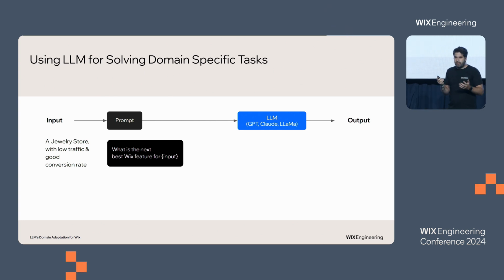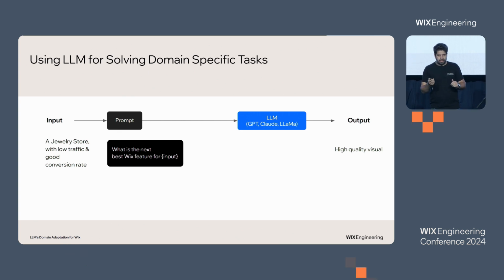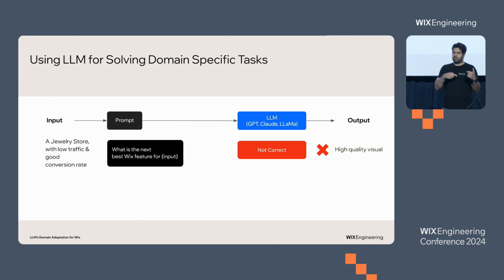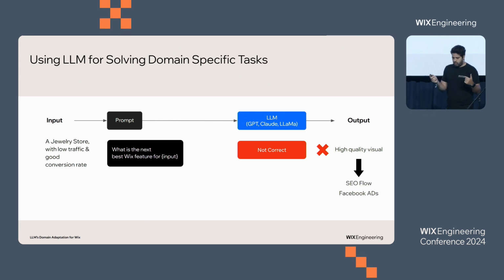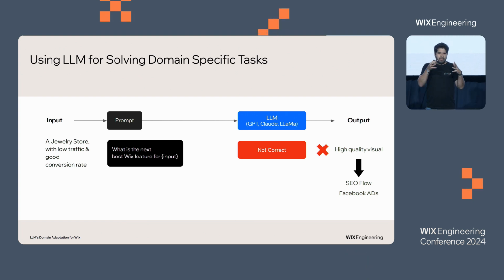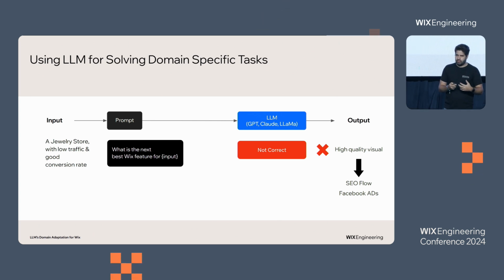If you use an out-of-the-box, vanilla LLM, you will get something like high quality visuals. That doesn't really make sense because we said we have very low traffic but good conversion rate. We actually want to use SEO flows or Facebook ads. So again, the LLMs don't really get Wix.